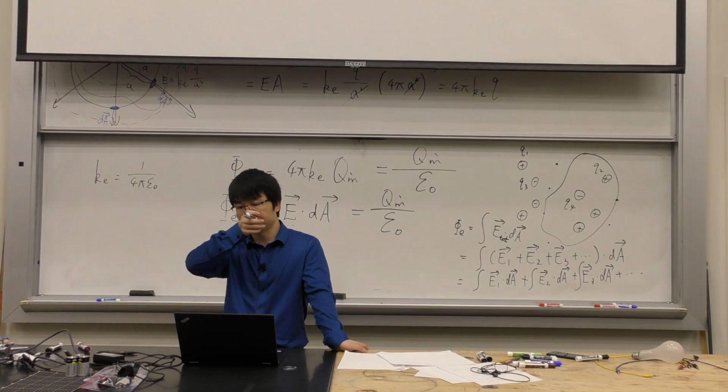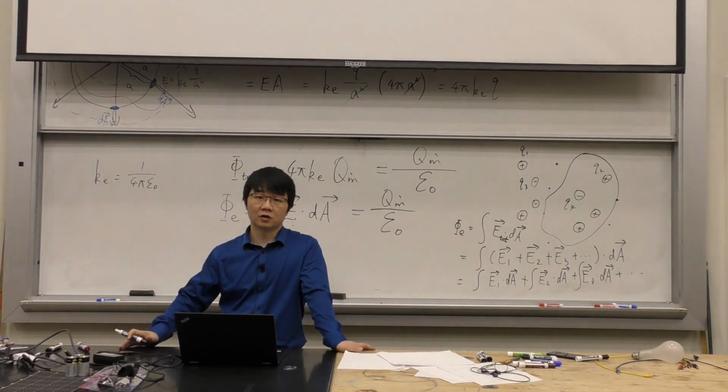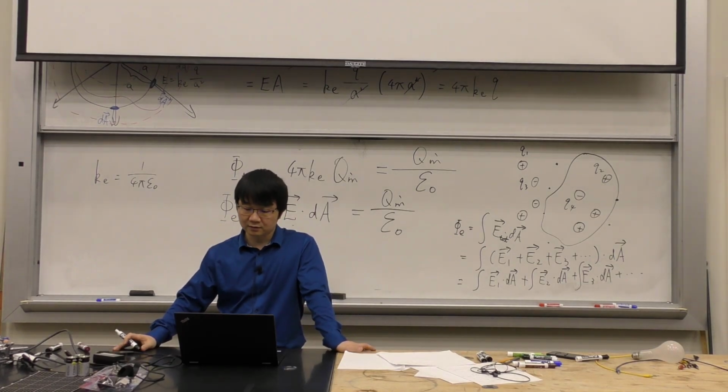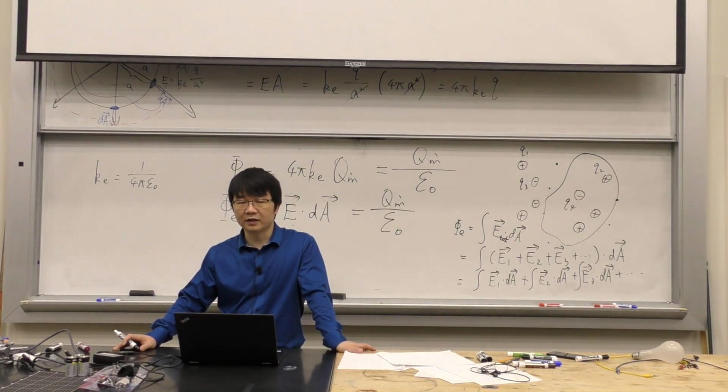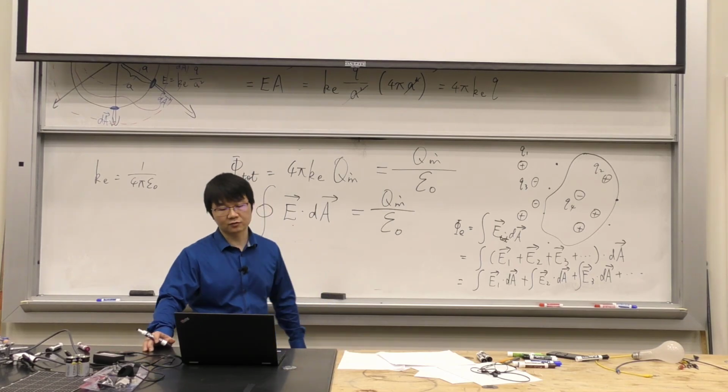It was one of the hardest parts. But if there's a very good symmetry in the charge distribution, using Gauss's law is going to make the calculations easier. So that's what we're going to practice in this part.